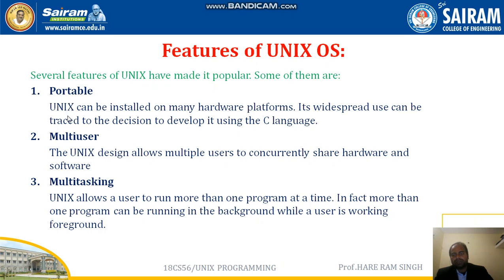The Unix operating system is a portable operating system. Unix can be installed on many hardware platforms. Its widespread use can be traced to the decision to develop it using the C language. Since it is developed using the C language, it has a portability facility.